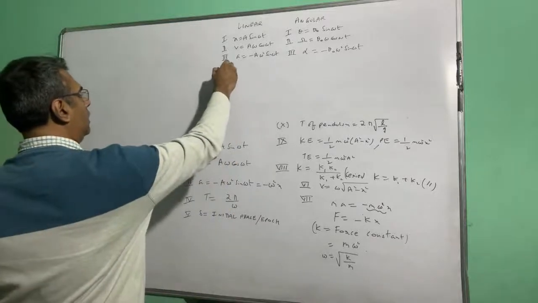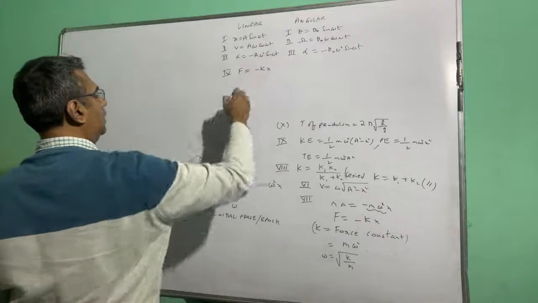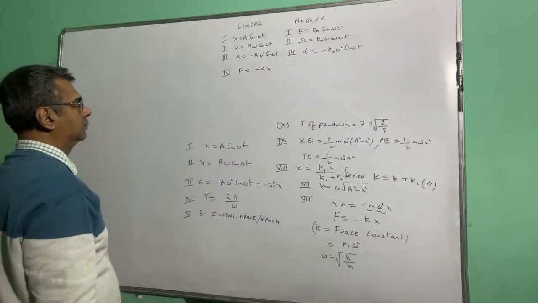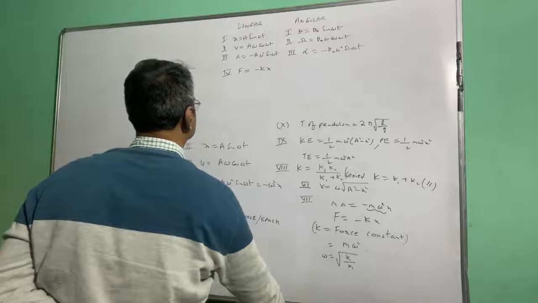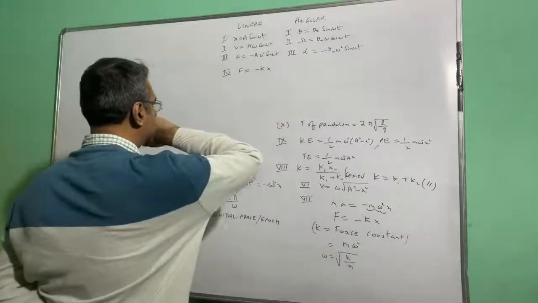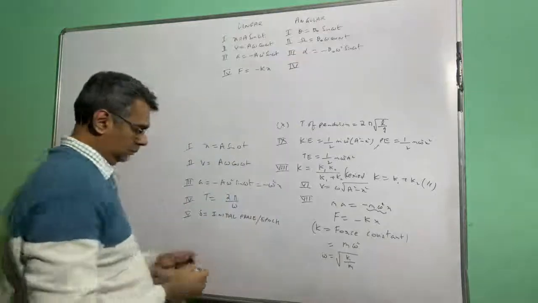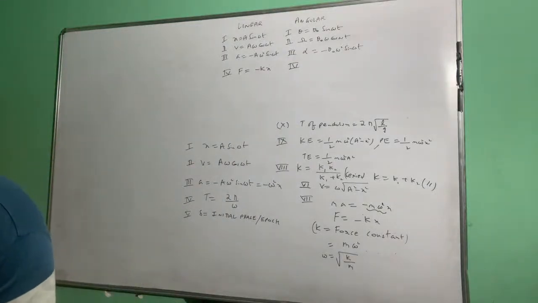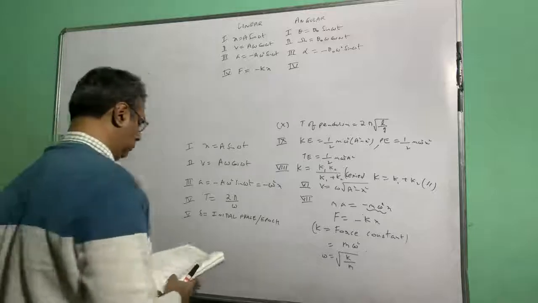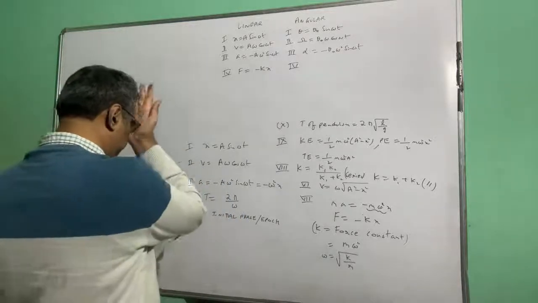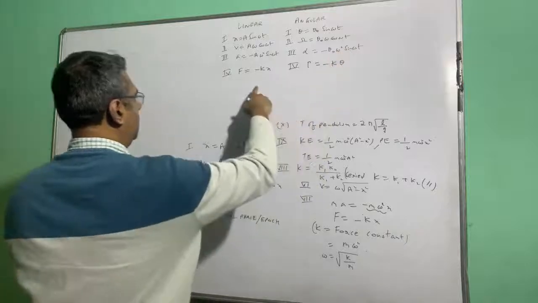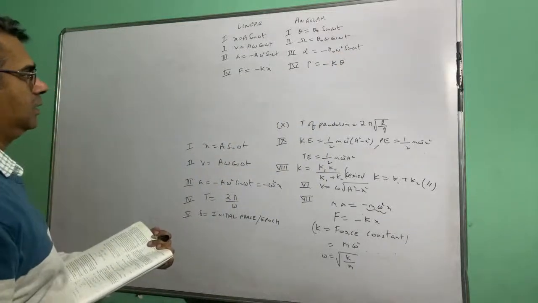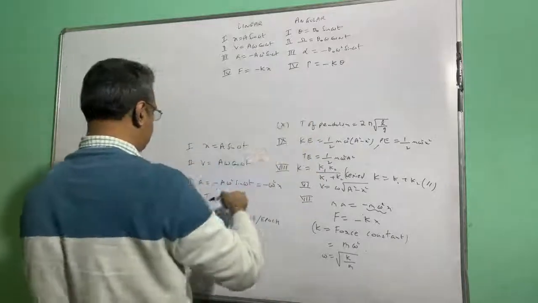Then you come to number 4. F is equal to... so in linear motion F is minus kx, and in angular motion torque is minus k theta.